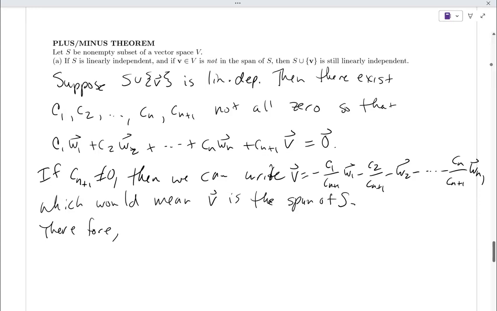What led us down that bad path? What did we assume about C sub n plus 1? It's not 0. So what does C sub n plus 1 have to be? 0. Now that gives us C1W1 plus C2W2 plus CNWN is the 0 vector, right?